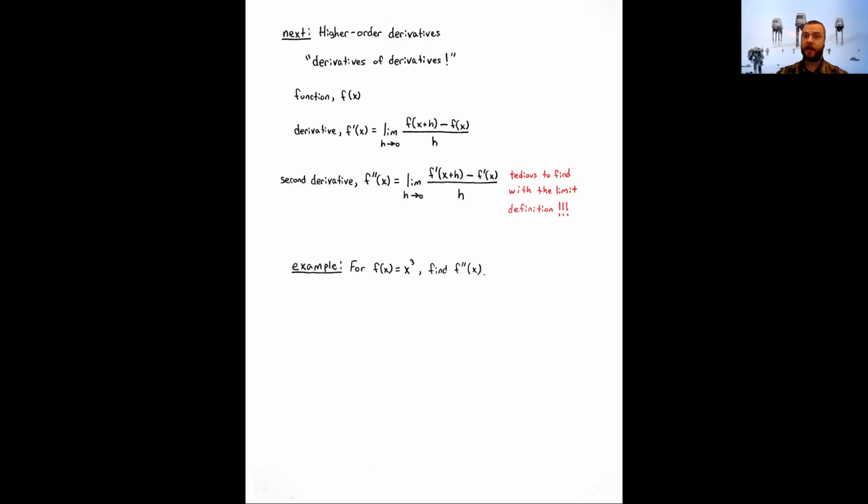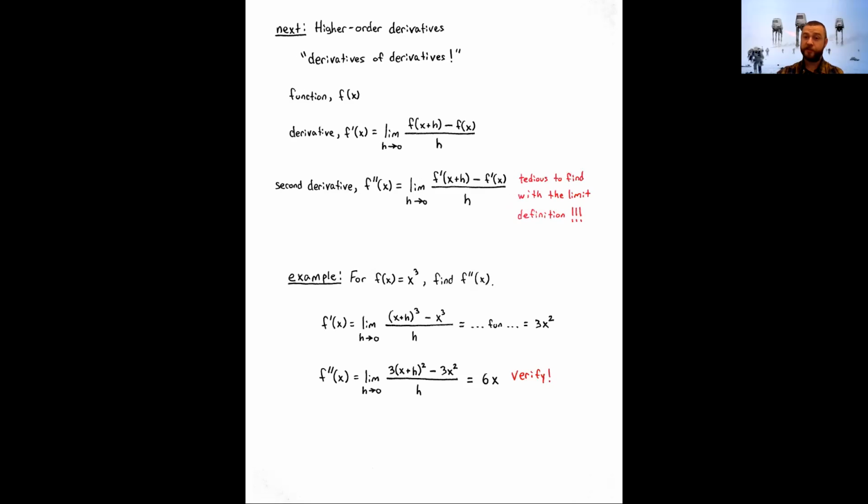This is not an important example, but it kind of relates these concepts, higher order derivatives, back to a computationally challenging question. All right, so take some time maybe after to attempt this. You're given a function, f of x as x cubed, and you're asked to find the second derivative, what we would call f double prime of x.